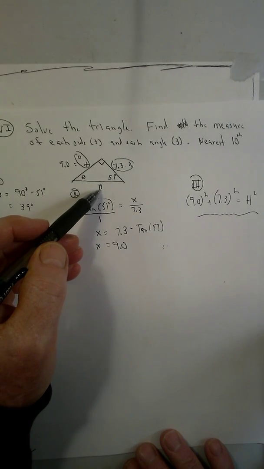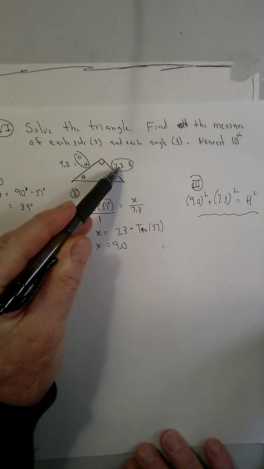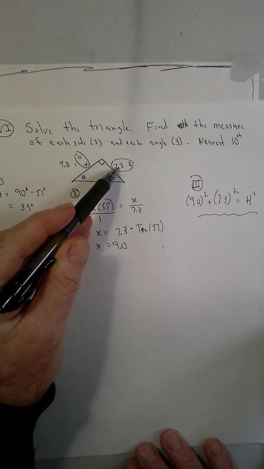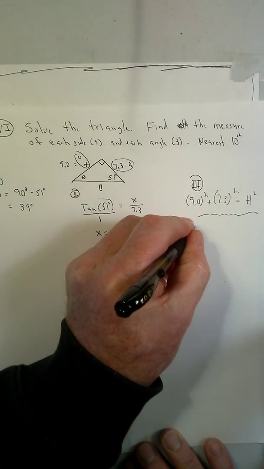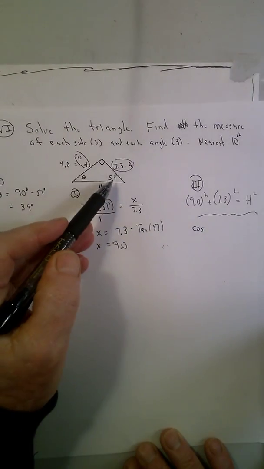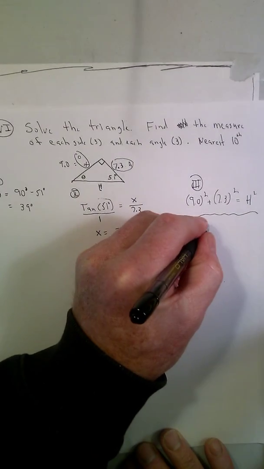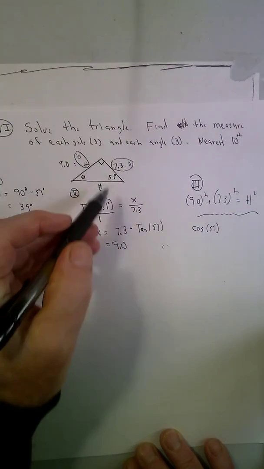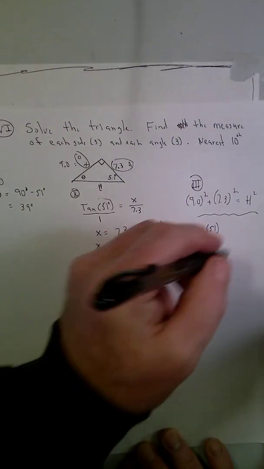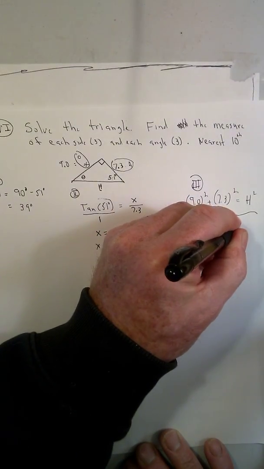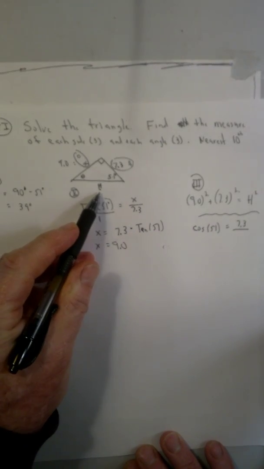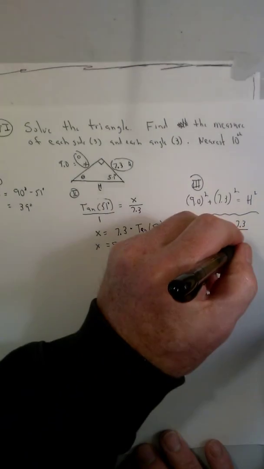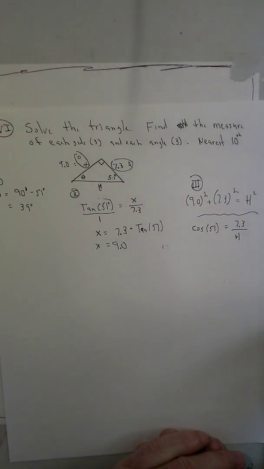I want to find this. This was given to me originally, so I'm going to use that one. So adjacent and hypotenuse. So the cosine of the angle, the cosine of 51, adjacent side over hypotenuse. Since that has an h there, I'll just use the variable h.